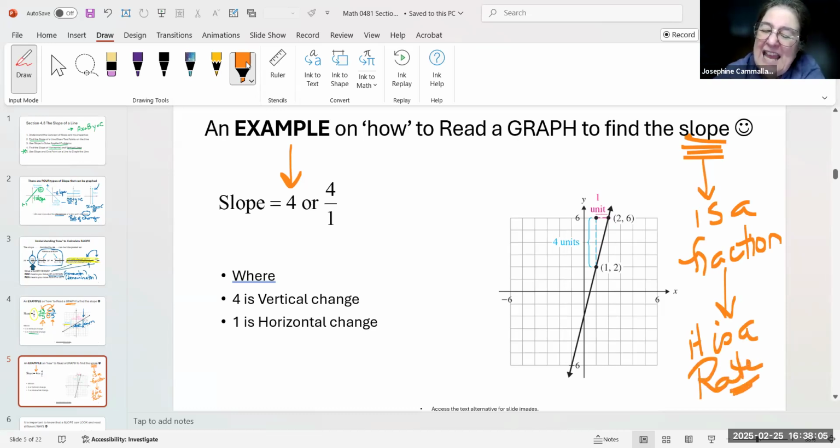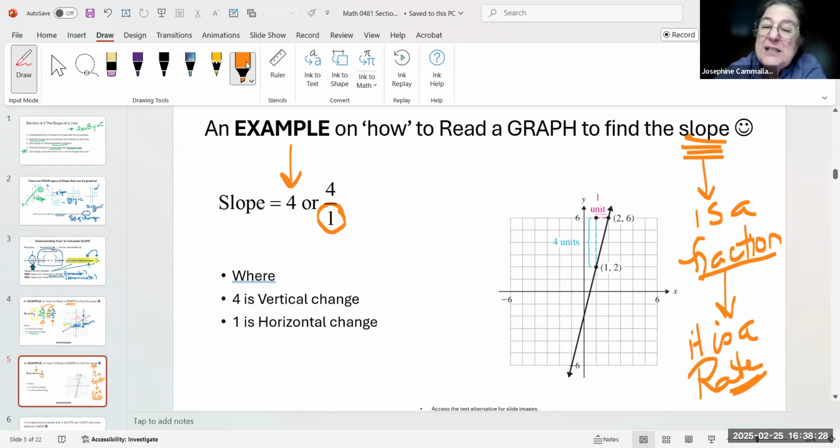And a rate is a fraction, which makes slope a fraction. So we put this 1 underneath it. Well, I have 2 points here. I have 1, 2, 2, 6.